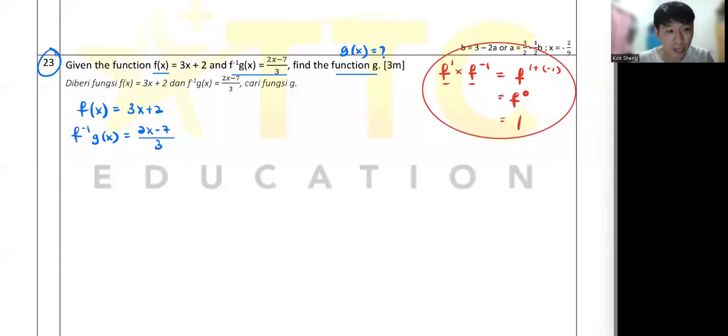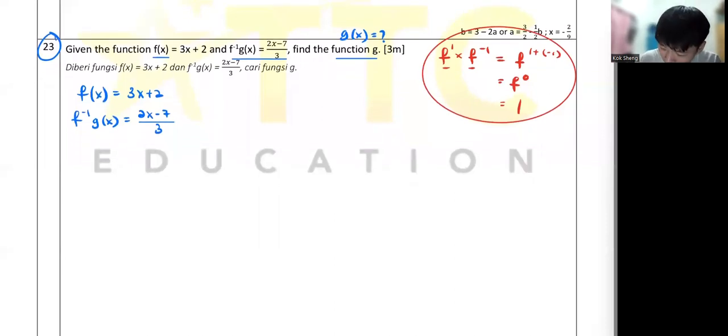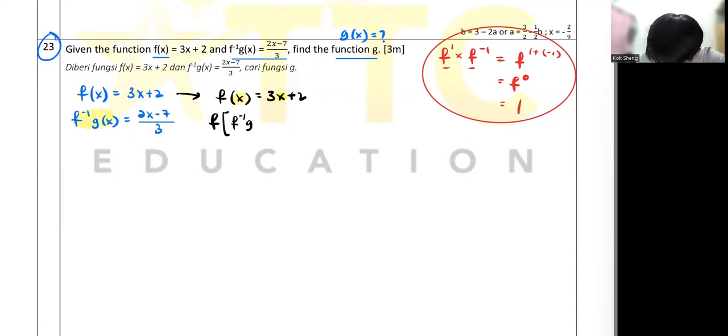Okay. So based on this concept, we apply here. Very simple one. Okay, look at the function f. If we sub in the composite into here, this is f(x), right? If we sub in this f negative 1 g(x), this composite into the object of f, see what will happen.